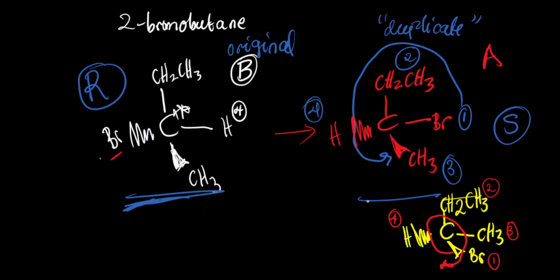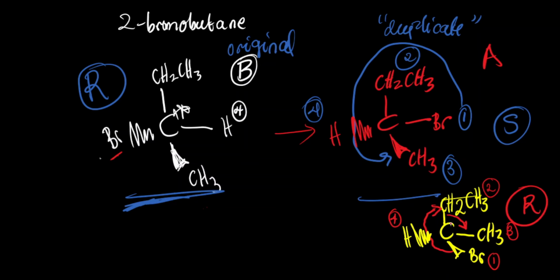Let's do that again. We went in this direction, a clockwise direction. And since our least priority group is attached to a dashed wedge, and we're going in a clockwise direction, this has an R configuration, as I predicted. Very interesting. So we're back to our original molecule.